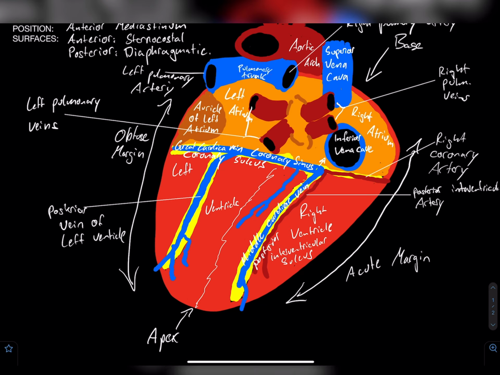Okay guys, that's it. Again, disclaimer, this is by no means a complete description of the posterior surface of the heart. As in all of my practicals and lectures, I really focus on the big structures that I personally think you should not forget, whether you're in med school, in nursing school, or wherever.